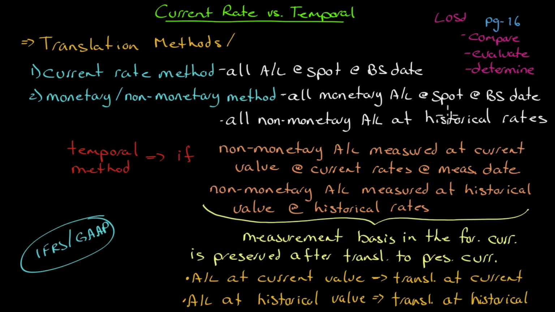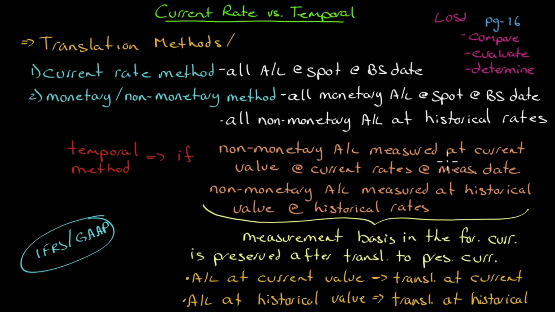Now, while the current rate method is one that is used, the monetary non-monetary method is not quite there yet. That's just a broad method. The temporal method is used, which is a modification of the monetary non-monetary method, and it looks like this. Non-monetary assets and liabilities that are measured at current value are translated at current rates at the measurement date.